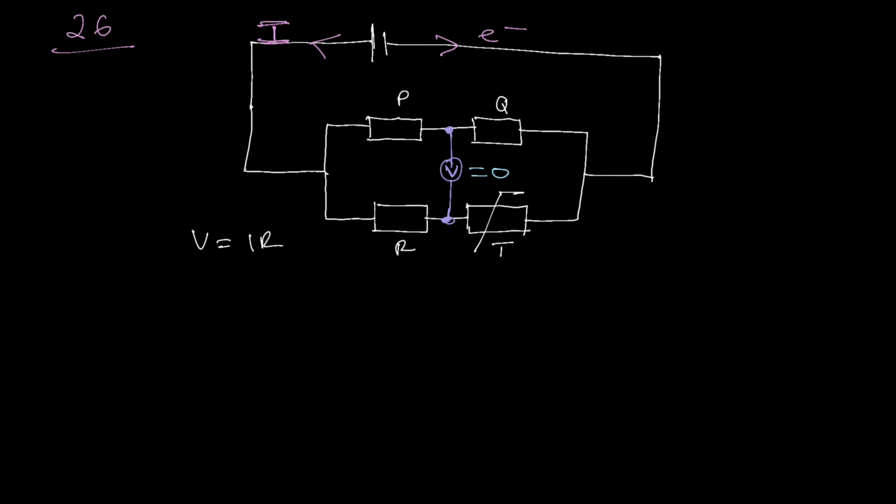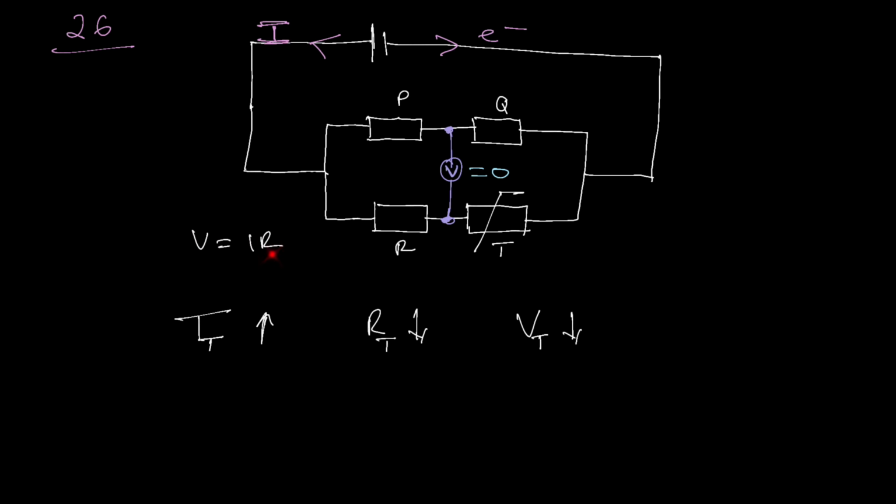So if the temperature of the thermistor increases, the resistance of the thermistor will decrease, and if the resistance of the thermistor decreases, then the voltage of the thermistor will decrease, because the voltage is directly proportional to the resistance.